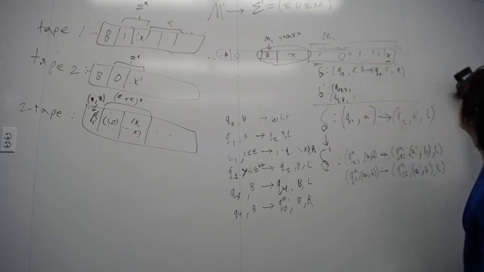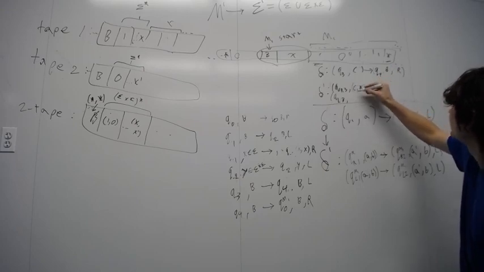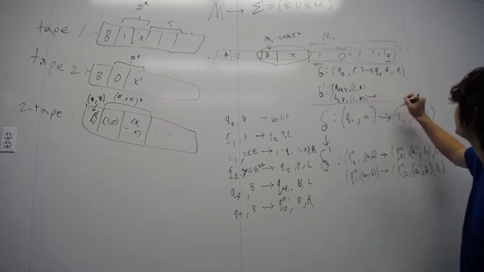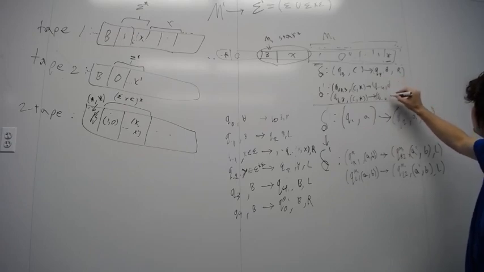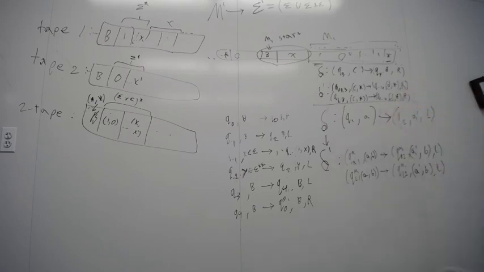I want it to be something else, C and D. If I have C comma star, so if I'm in the middle, I transition to Q dot dot dot 4, Q4, D star, D star, R. What do I put in the dots?